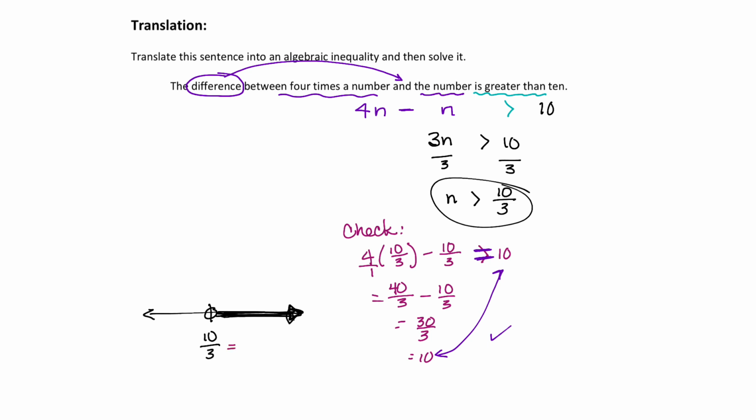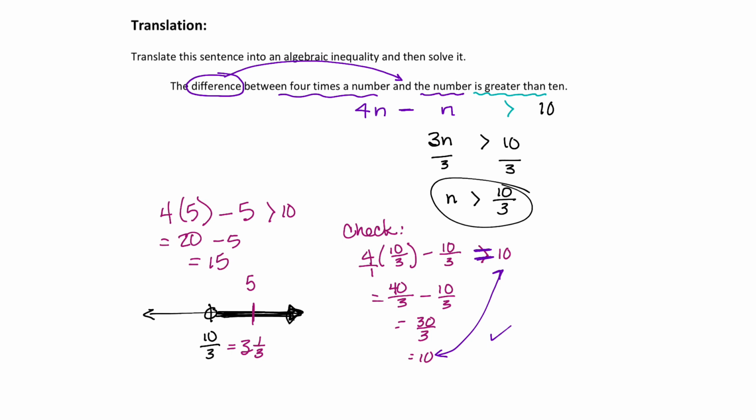Okay, 10 thirds is equal to 3 and 1/3. So let's try 5. Okay, so I'm going to put 5 in. So 4 times 5 minus 5, is that greater than 10? We get 20 minus 5 is 15. 15 is greater than 10.